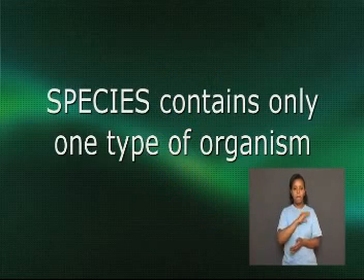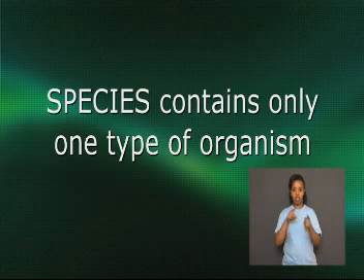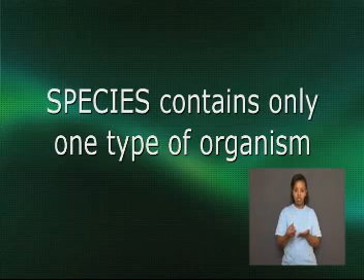The category of species contains only one type of organism with all of their main features in common. Now, let us look at some simple ways to write scientific names.